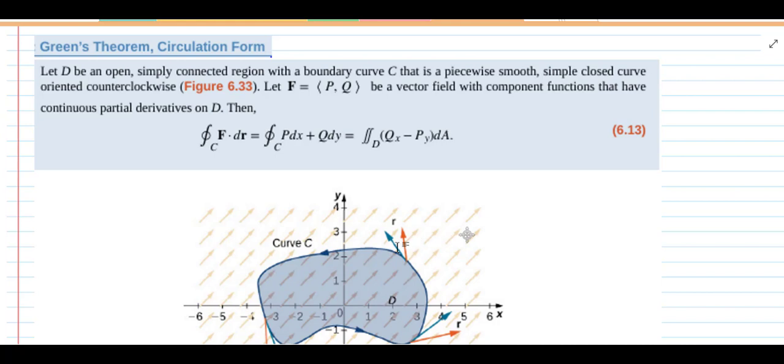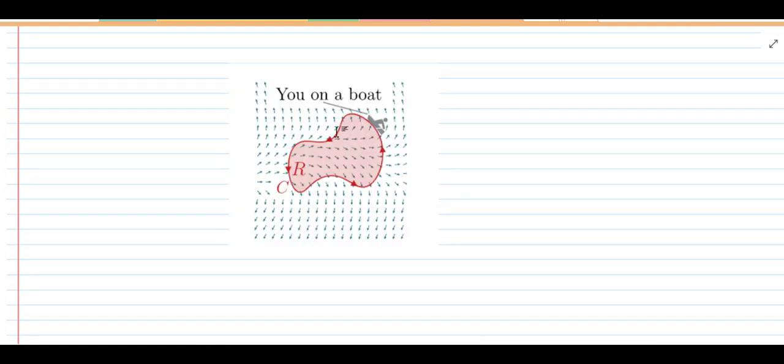So in order to understand what Green's theorem says, let's go to the line integral. We have this region with some points in it influenced by the vector field, which is shown in blue.